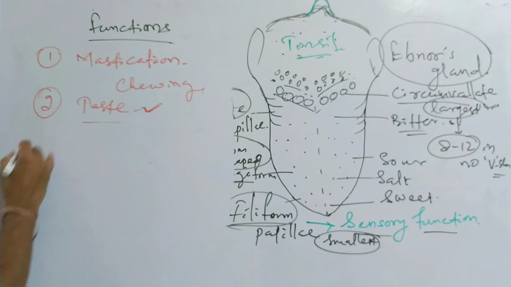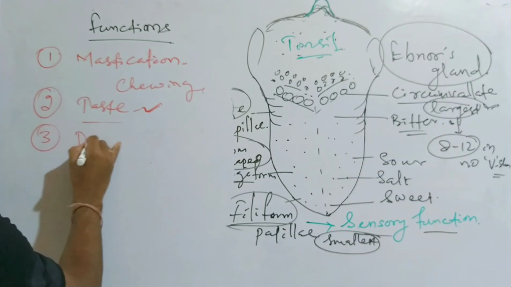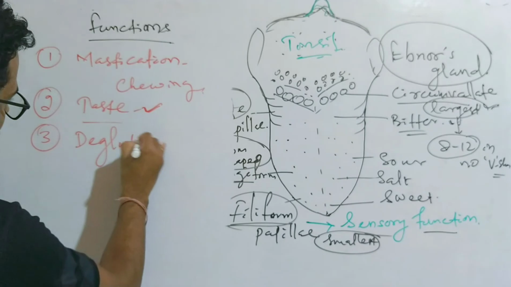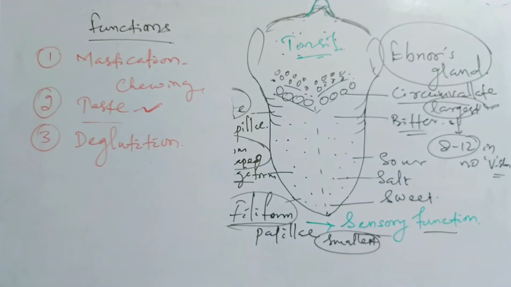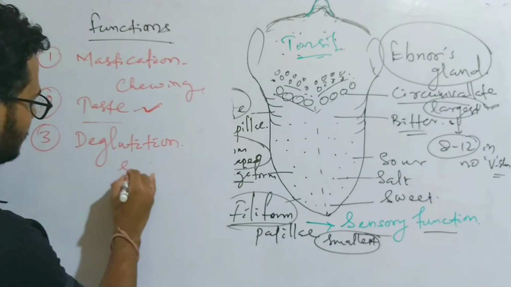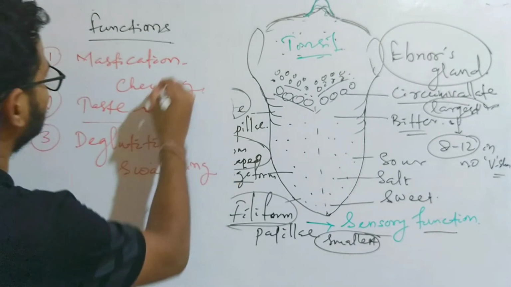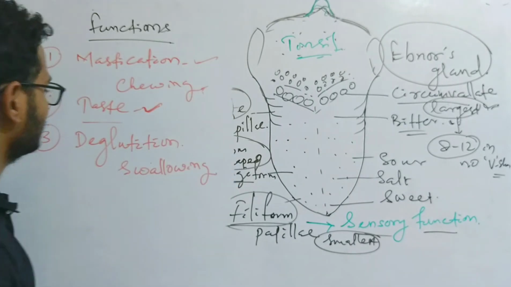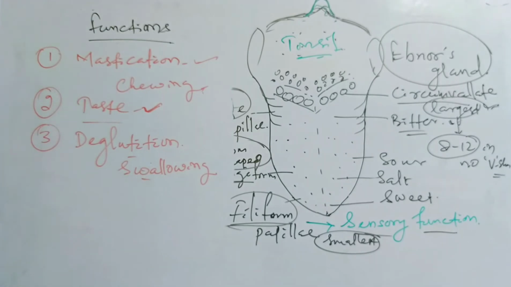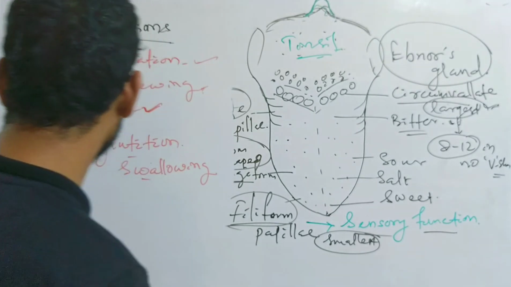Next, it will help in deglutition. What do we mean by deglutition? Deglutition means swallowing. After chewing or after mastication, we need to swallow the food, which is done by the tongue.